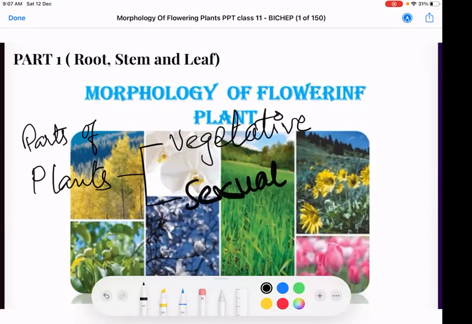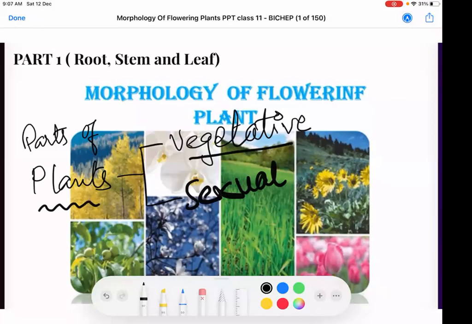Now the difference between both of them is, when I'm talking about main chief organs which are not associated with sexual activities, they are called vegetative parts.